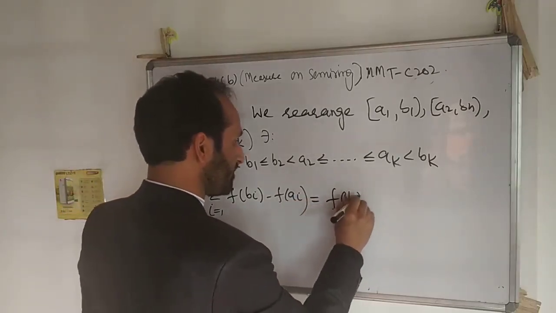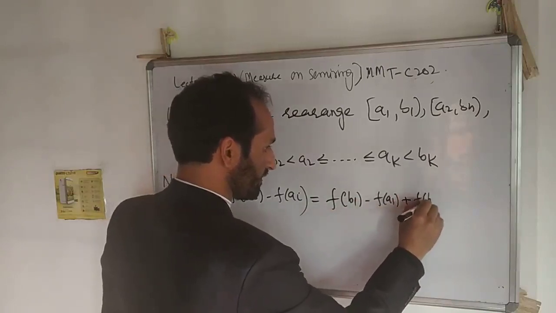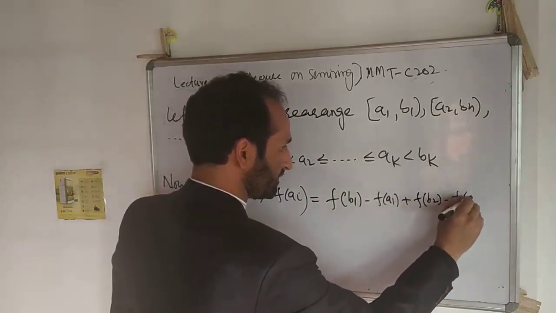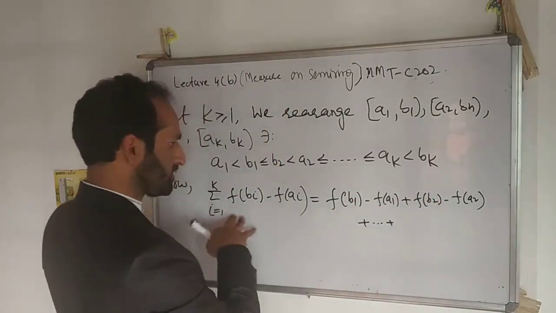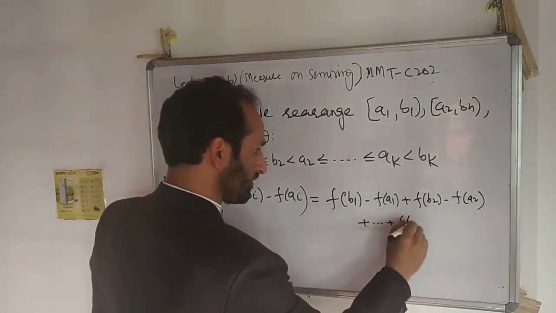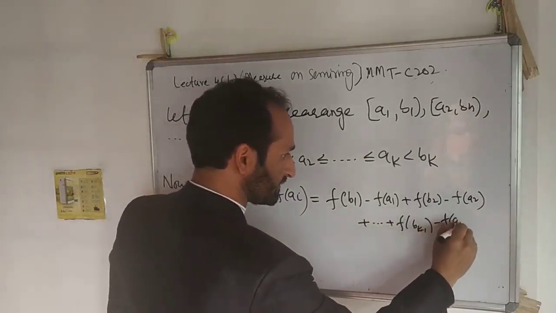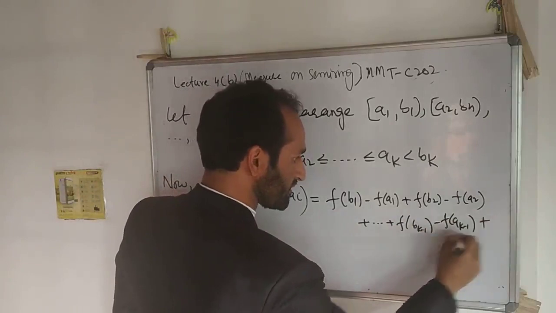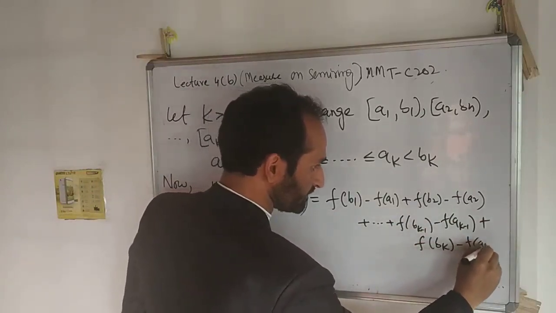It is f of b1 minus f of a1 plus f of b2 minus f of a2, plus the last but one, f of b(k-1) minus f of a(k-1), plus f of bk minus f of ak.